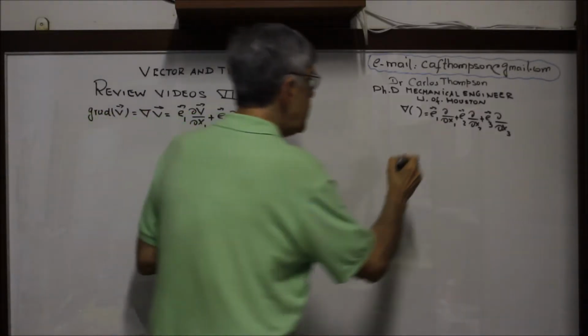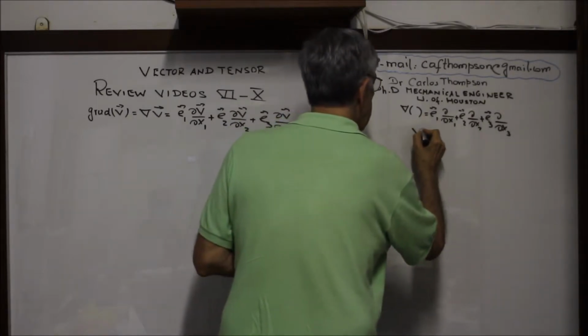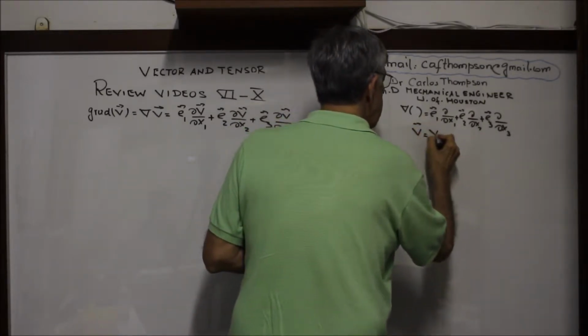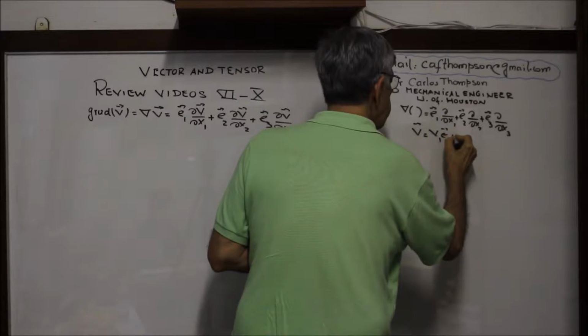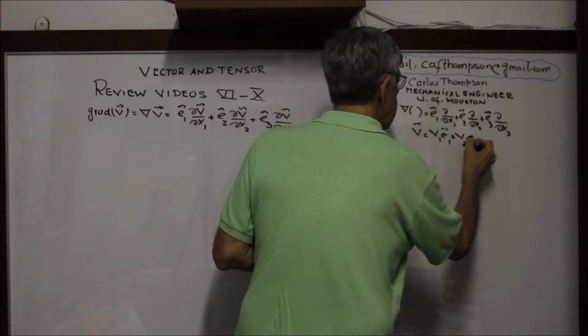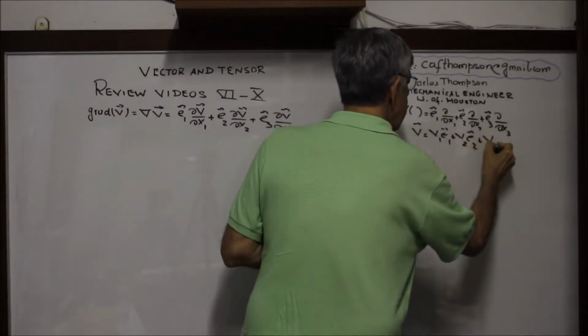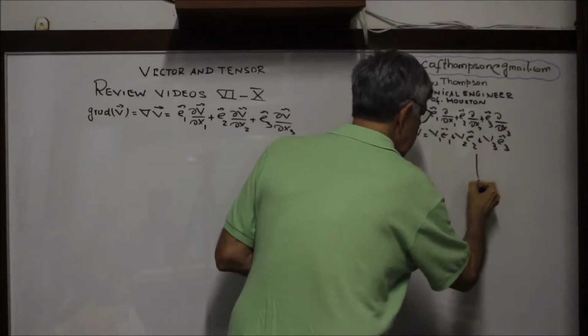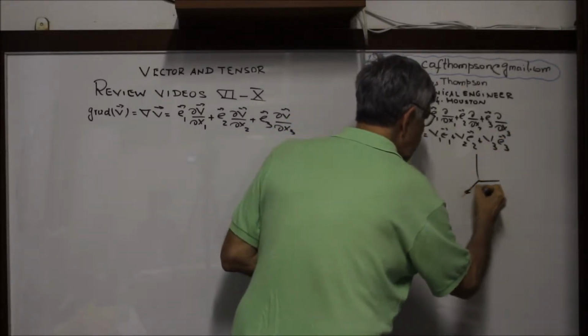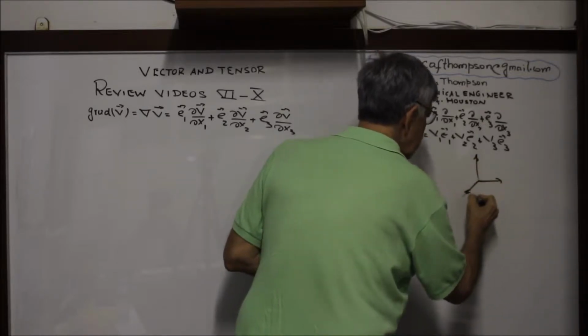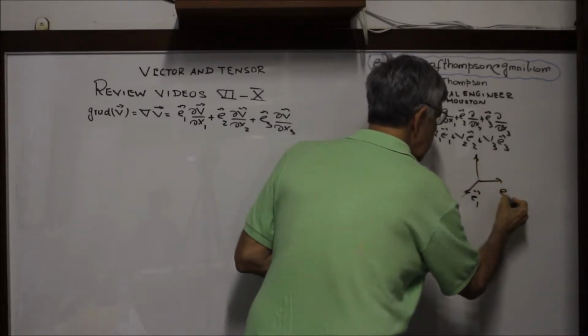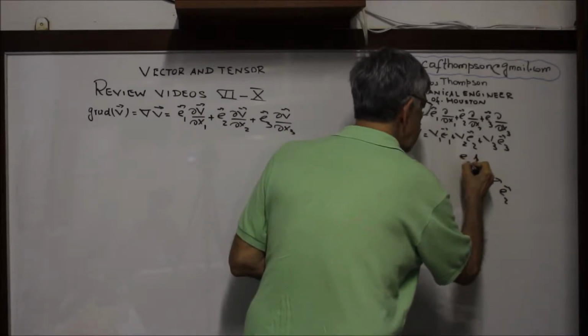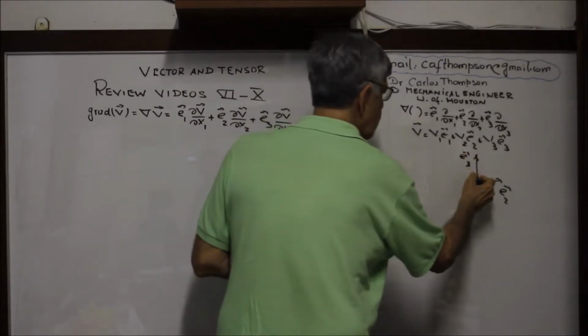But v is equal to v1 e1 plus v2 e2 plus v3 e3. And look, this is the orthonormal basis. This is e1, e2, and e3. That's the orthonormal basis.